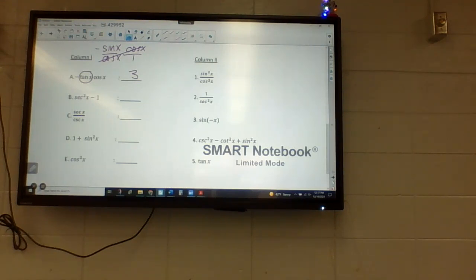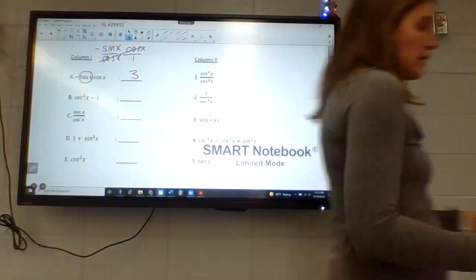Then looking at letter D, hopefully you notice that that one is not exactly a Pythagorean identity. It has some similarities, but it's not exactly that. Because if it was 1 minus sine squared of x, it'd be cosine squared, but it's not saying that.